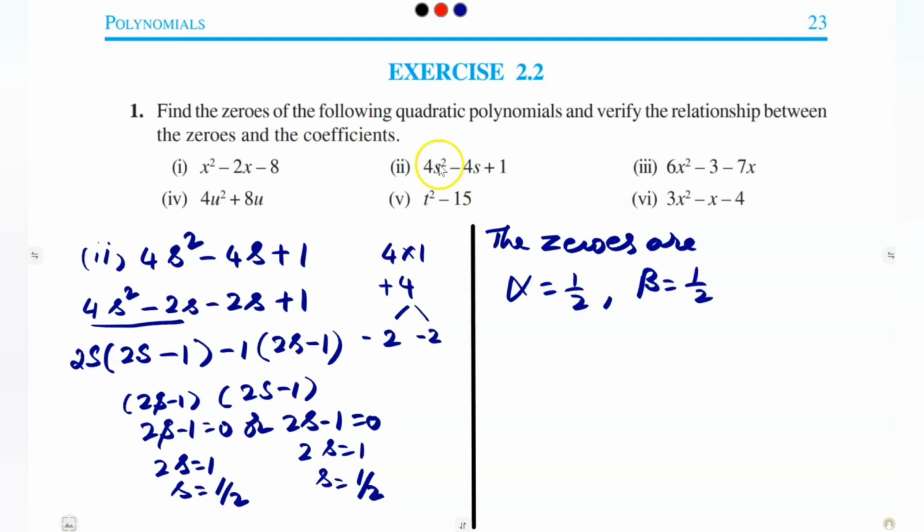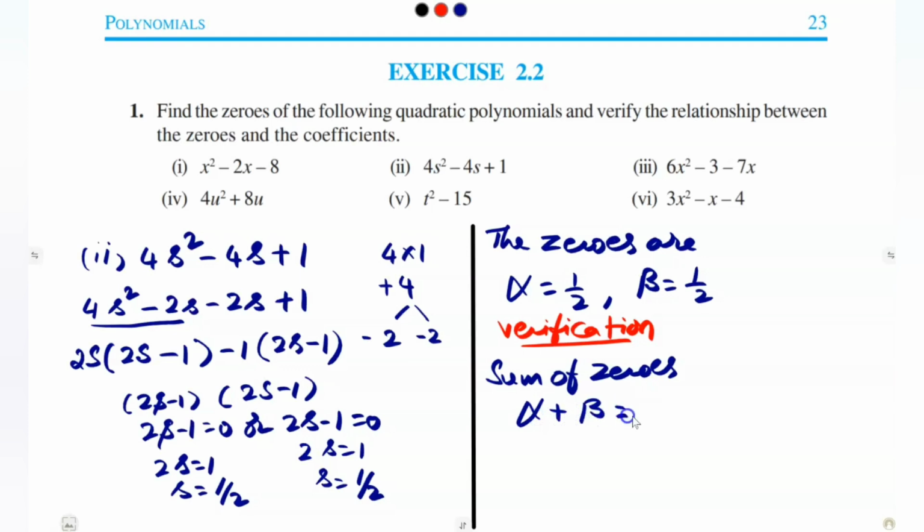Now let us verify the relationship. Sum of zeros: alpha plus beta is equal to, as usual, minus coefficient of x by coefficient of x square.